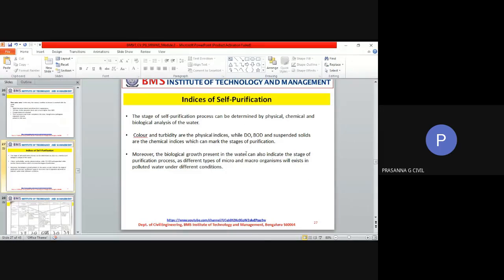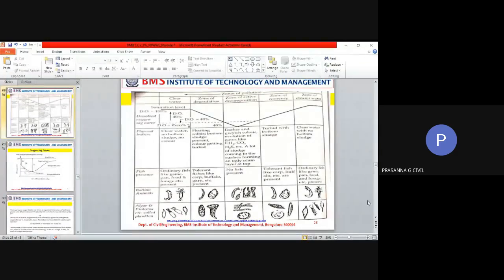In the stage of purification, there will be physical processes like settlement and sludging, chemical processes like oxidation and reduction, and biological processes, which are the type of organisms that are acting and present in the water. All these things can be very easily understood by this figure here.